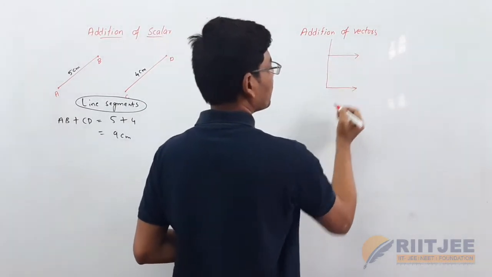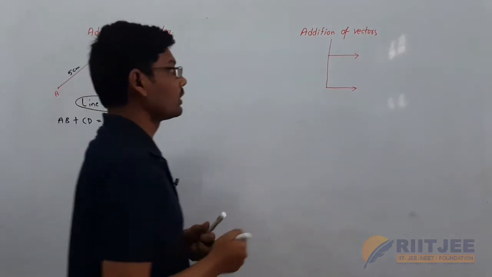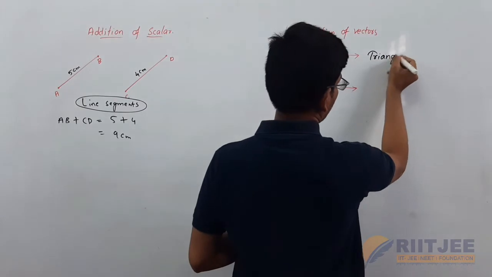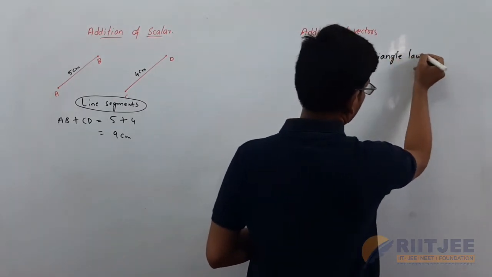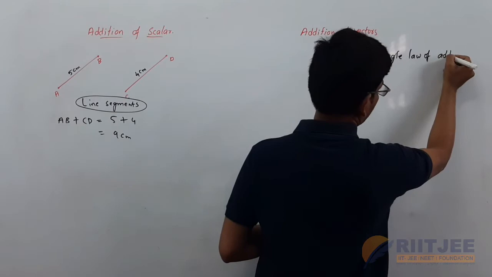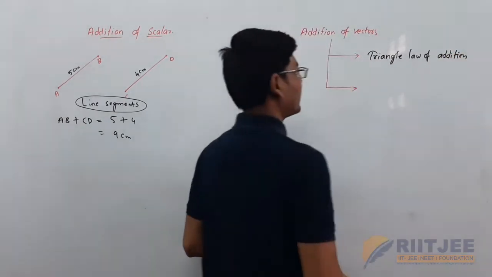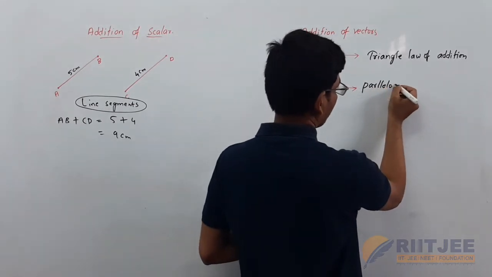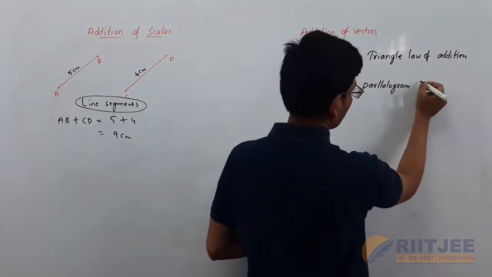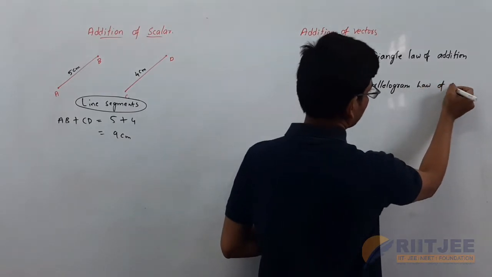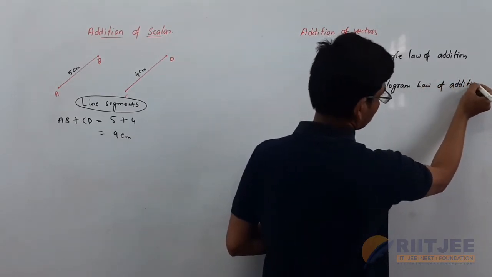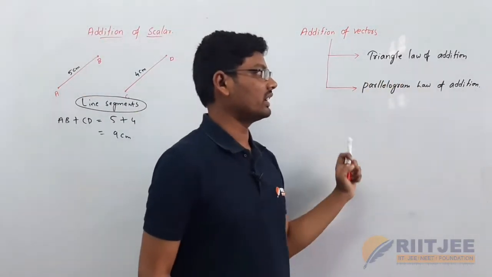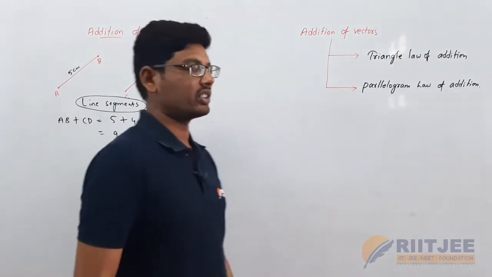The first one is the triangle law of addition and the next one is the parallelogram law of addition. The addition of vectors is of two types: the first one is the triangle law of addition and the second one is the parallelogram law of addition.